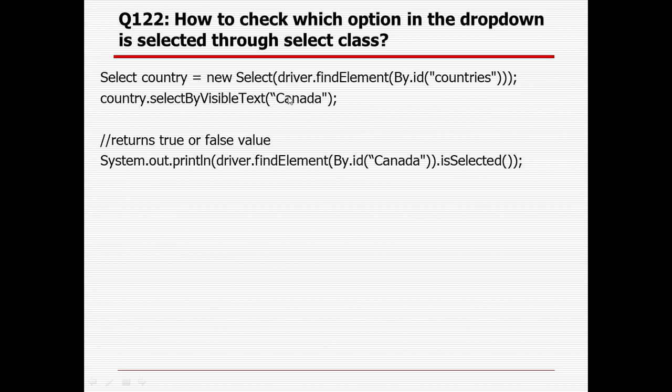Once Canada is selected, you need to check whether that particular Canada is selected or not. So you use the same reference and check whether it is selected. In case it is selected already, it will give you true, or in case it is not selected, it will give you the false response. That's how you can check which option in the drop-down is selected through the Select class.